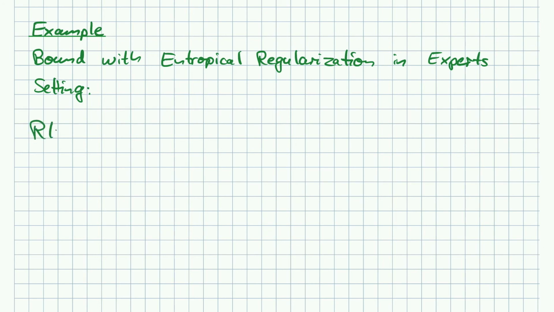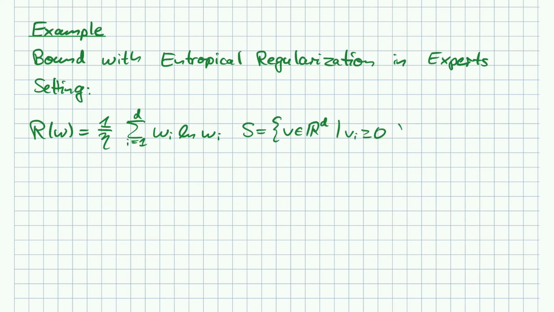Namely, what you will have is now that this R(w) is 1 over eta times the sum over all components w_i times ln w_i. Our set S is still the points with d dimensions in which all components are non-negative, and in which the components sum up to 1.